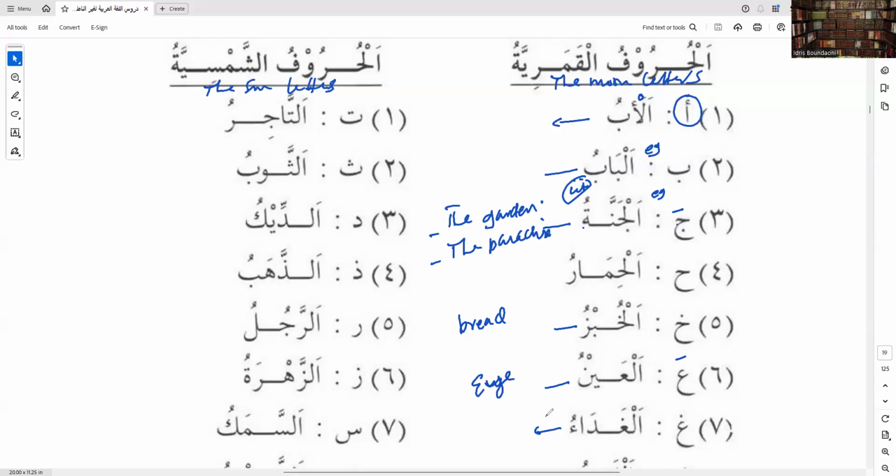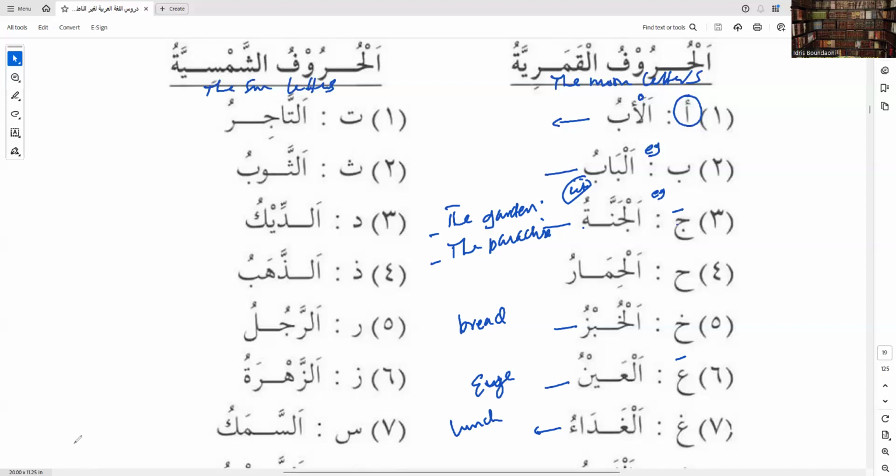الغداء. When we say ghada, lunch, but in some Arabic quarters they consider al-ghada, lunch, the food you eat, right? Al-ghada, lunch.